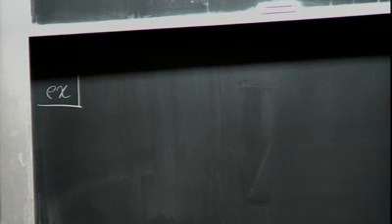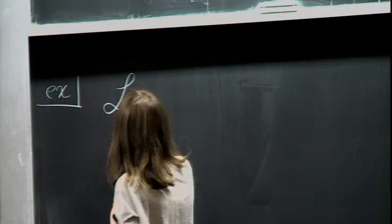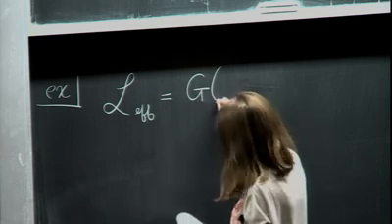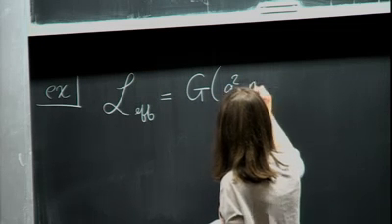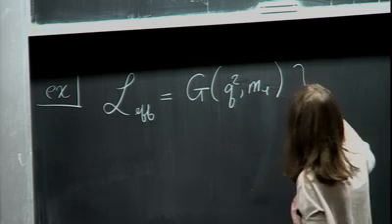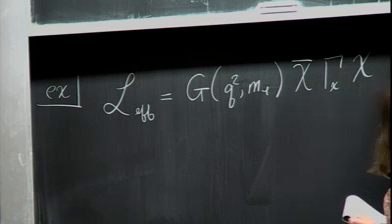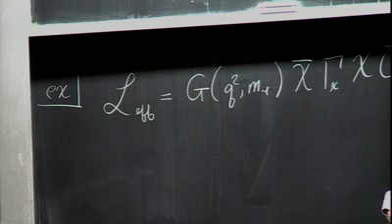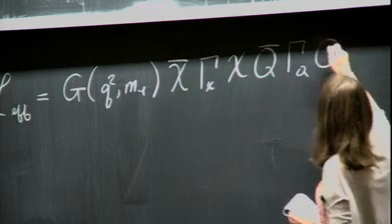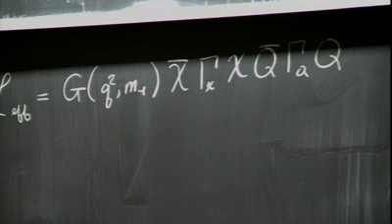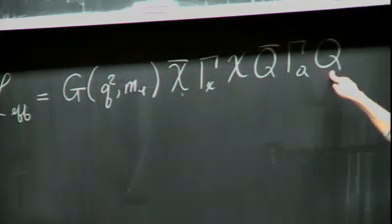So to illustrate this explicitly, let's consider the case where our effective Lagrangian is the following. So this is my relativistic interaction between the dark matter and the quarks.